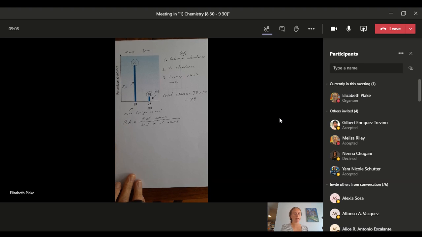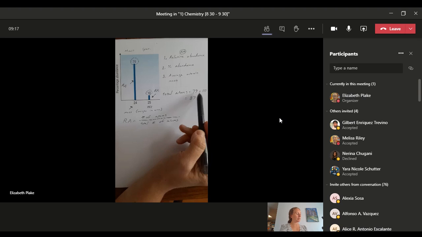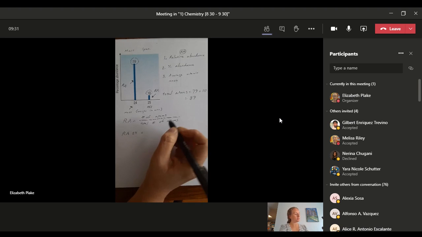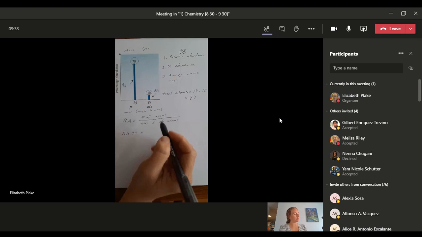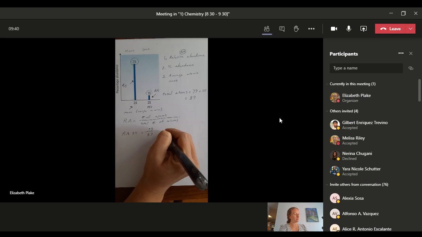So I'm going to plug my numbers into my formula. The top number is your number of atoms, and we already found the total number of atoms by adding the top numbers together to get 89. So this tells me that my relative abundance for the mass of 24 is equal to the 79 atoms divided by the total number of 89 atoms.